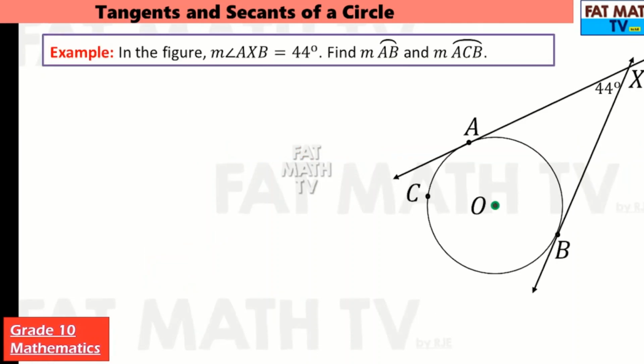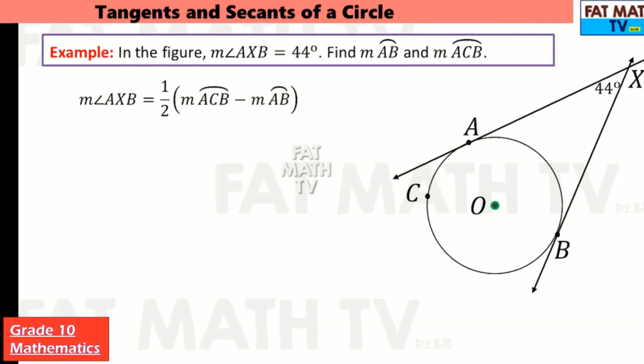Next, okay, here we are given the measure of the angle, and we are asked for the two intercepted arcs, and these two are tangents. So what is the measure of arc ACB and arc AB here?